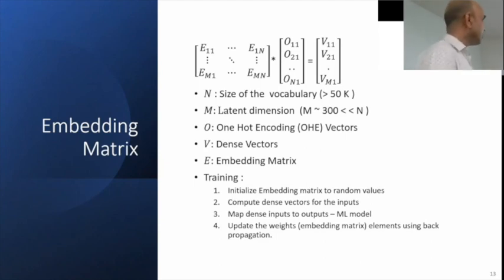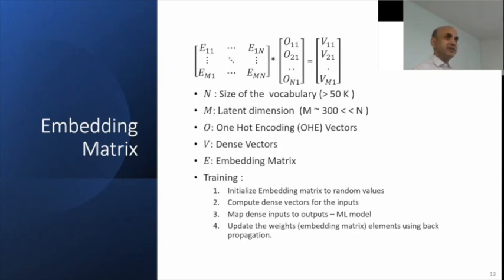So dimensionality of the one hot encoding vector is n, which can be very large. And dimensionality of the dense vector is m, which is around 300 or whatever you prefer to use. And the matrix will be some appropriate rectangular matrix. So all the notations are clear here.